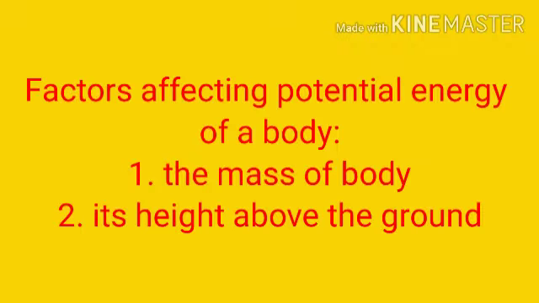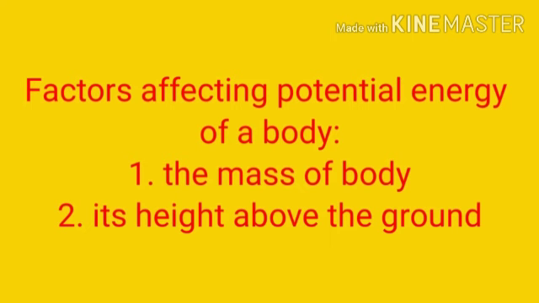Now we will see what are the factors that affect the potential energy of a body. There are two factors. First one is the mass of the body, and second is its height above the ground. The greater the mass of the body, the greater is the potential energy of the body.